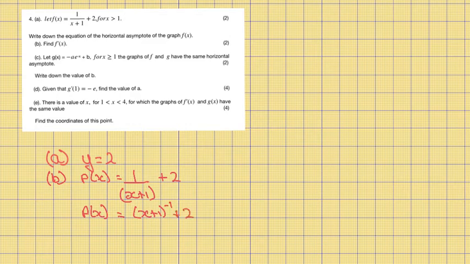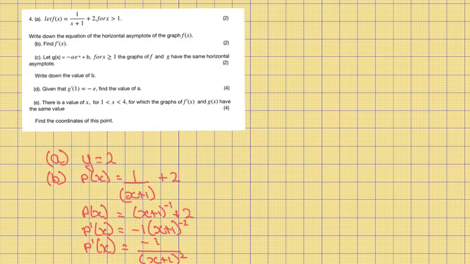Now we can find f dash of x, which is equal to minus 1, (x plus 1), take 1 off the power, so we get minus 2. The 2 disappears, so f dash of x is equal to minus 1 over (x plus 1) squared.